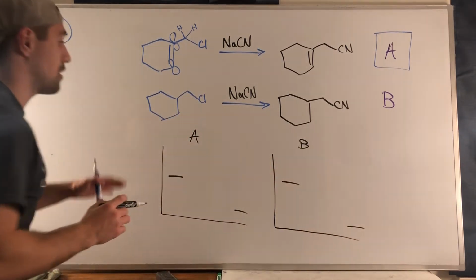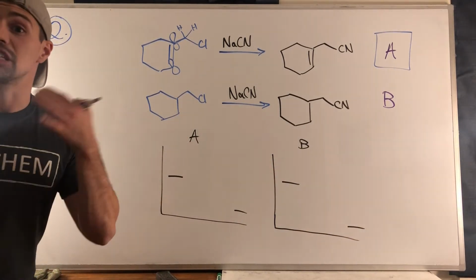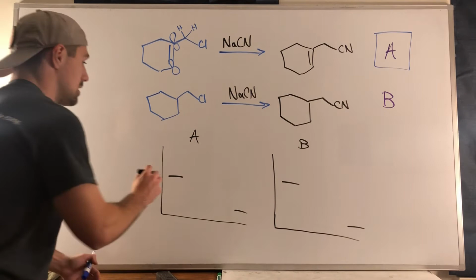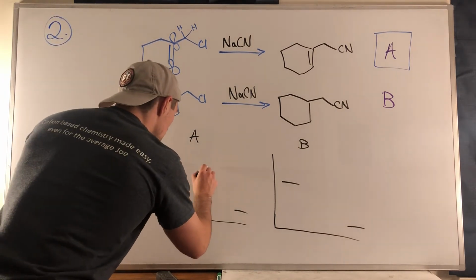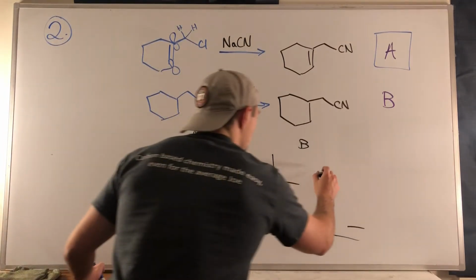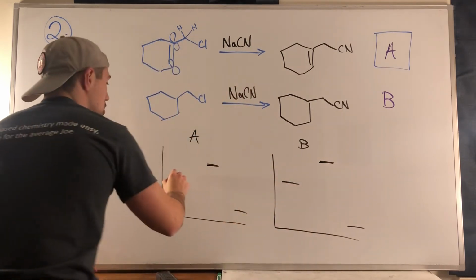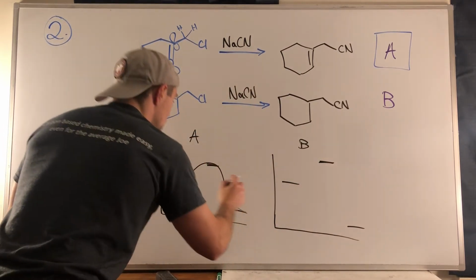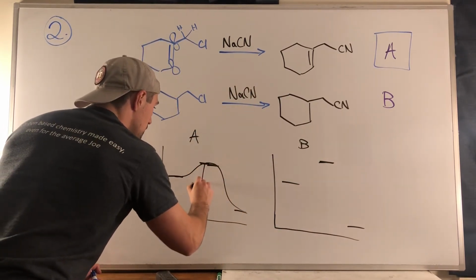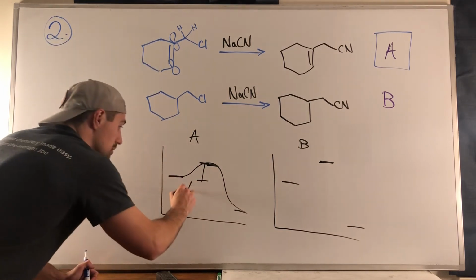But what's going to be different, and what will illustrate the difference in reaction speed, is the transition state for A is lower than that of B, because the energy to get there is less.